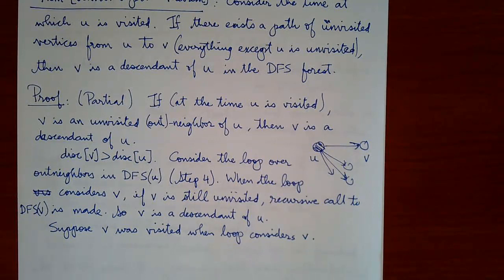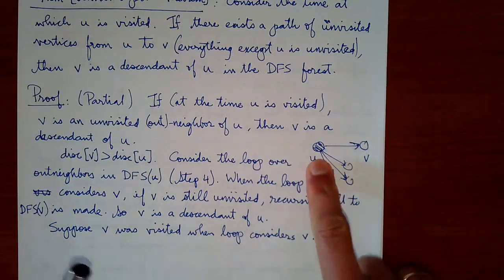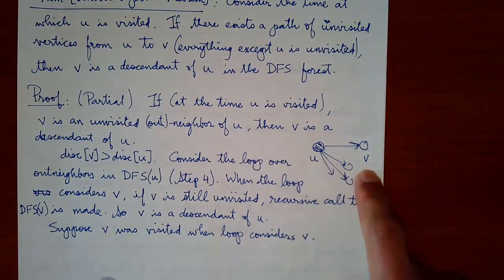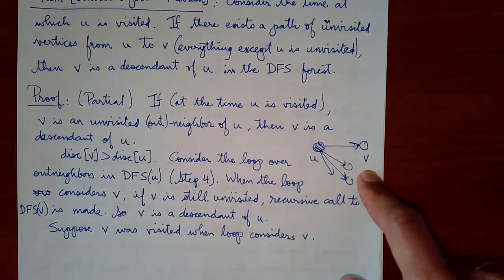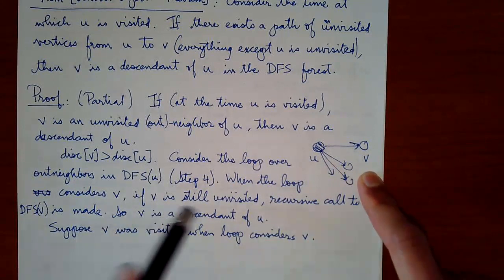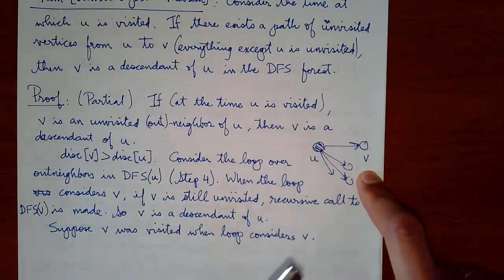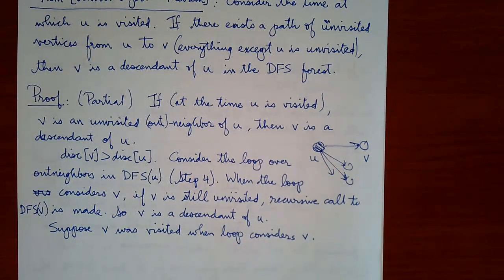There are essentially two kinds. The visited vertices are precisely those that are on the recursion stack. Now, when U was discovered, V was not on the stack. But when V was considered, it was on the stack. So it means that it must have entered the stack and then must have exited the stack.